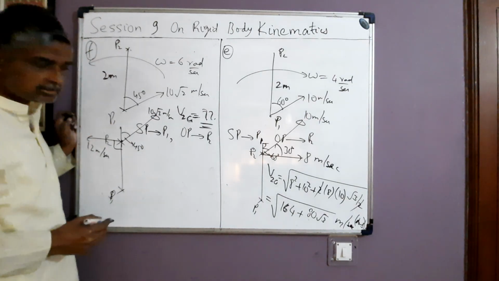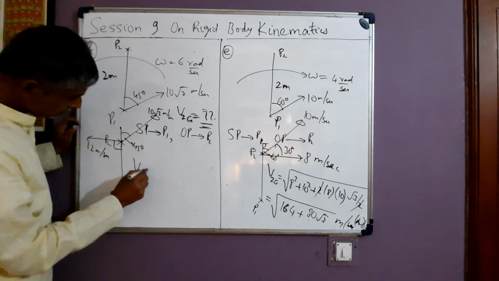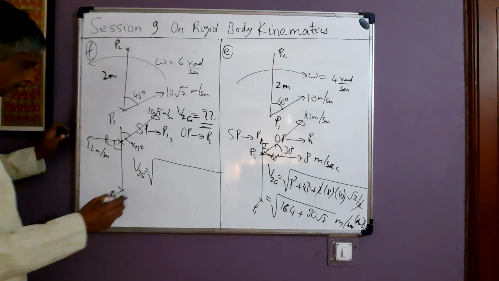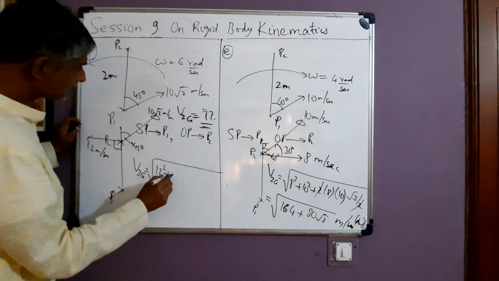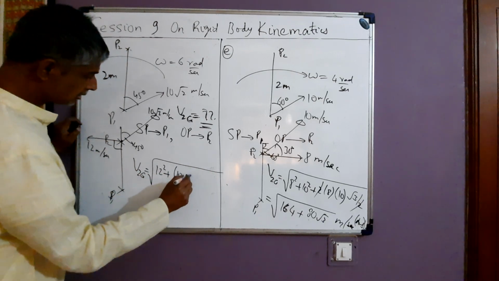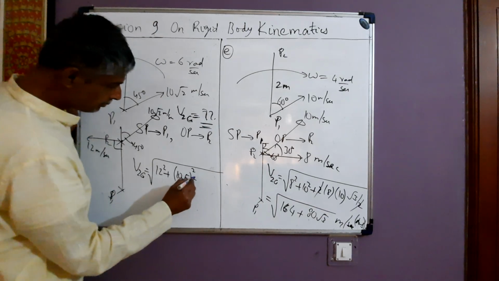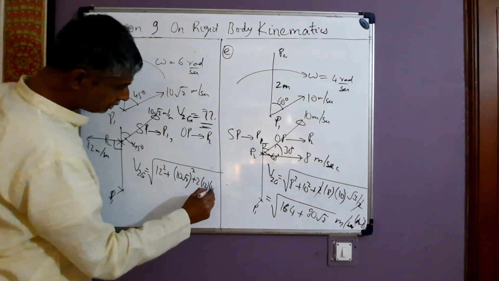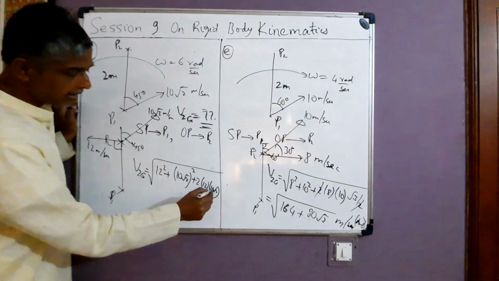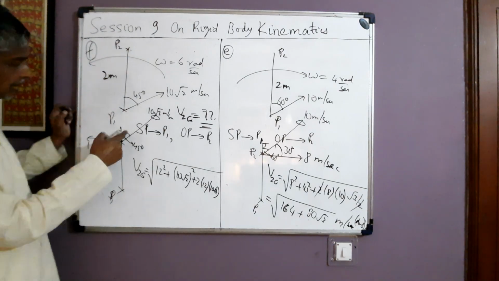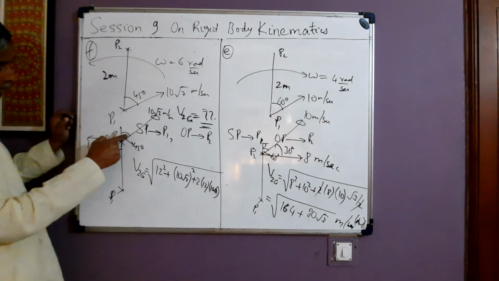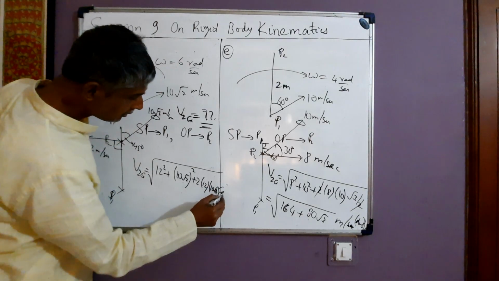Third step, combination step. V2G becomes root under 12 square plus 10 root 2 whole square plus 2 into 12 into 10 root 2 into cos of the angle. We are adding using the parallelogram law of vector addition, and this angle becomes 90 plus 45, 135 degree.